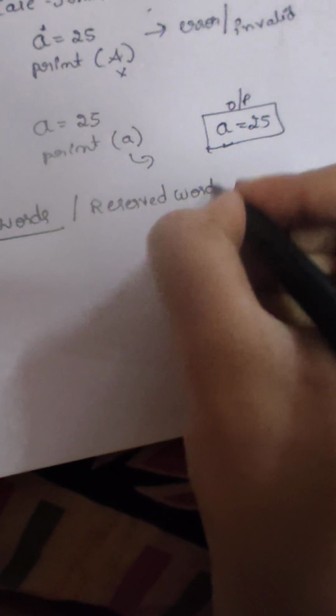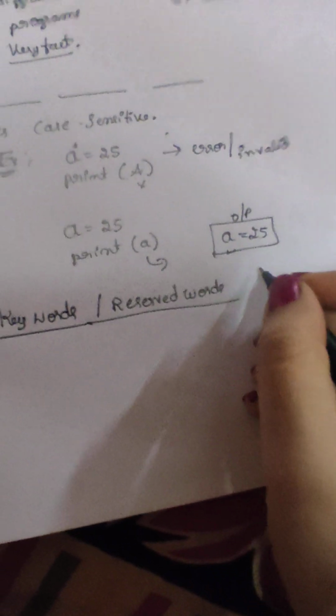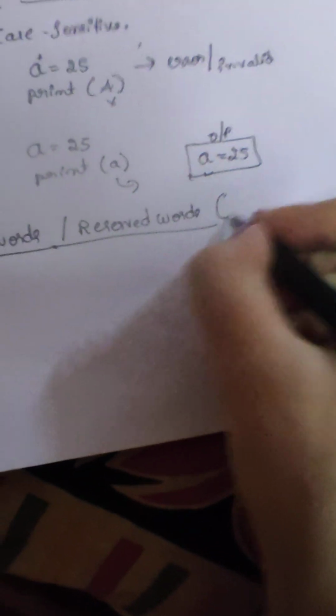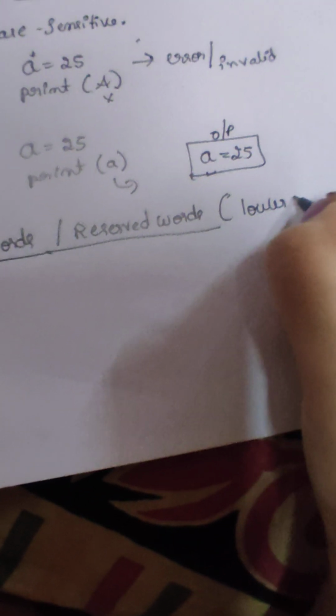And we have keywords, Python keywords. Another example I am giving, keywords. Keywords are also called as reserved words. In Python programming language, they should be in lower case. So what is keyword?